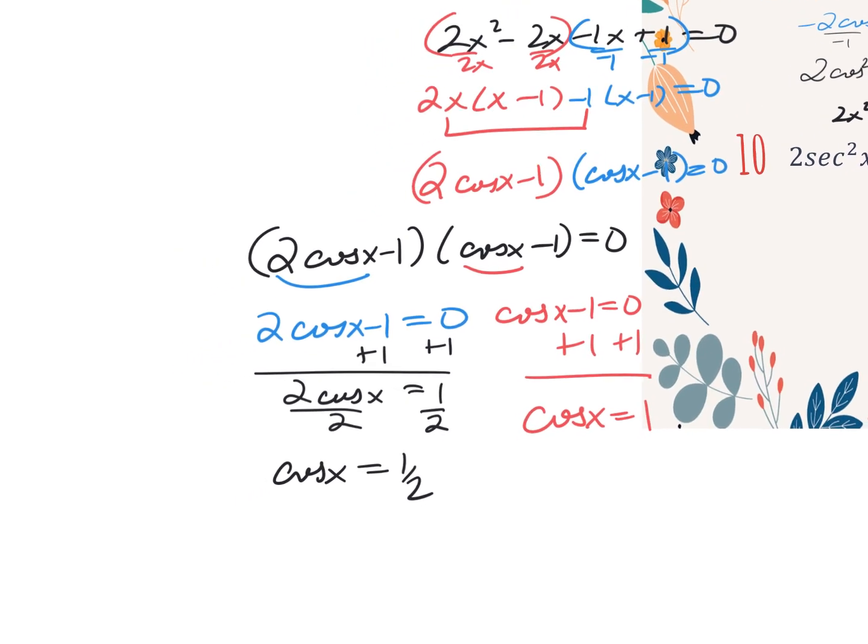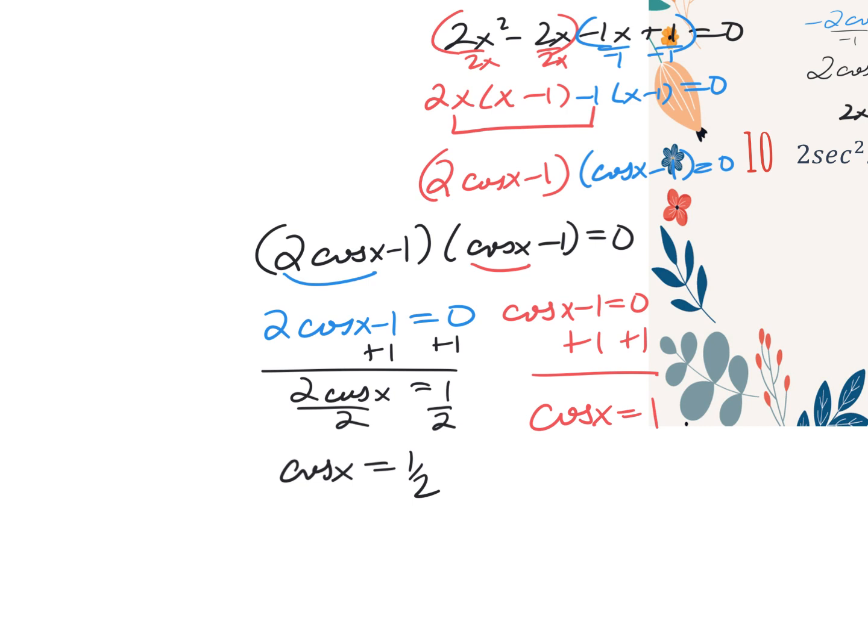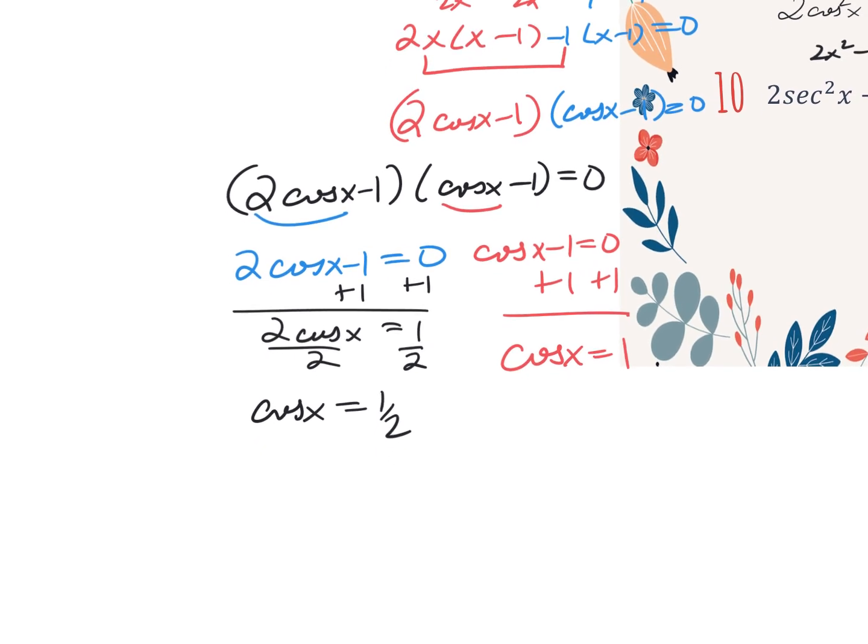This is the point now where we're going to look at the unit circle. So remember, cosine, we're looking at the x. So I'm first looking to see where x equals 1/2. So if I go up to my unit circle, let me also know which quadrants I'm looking in. All students take calculus.